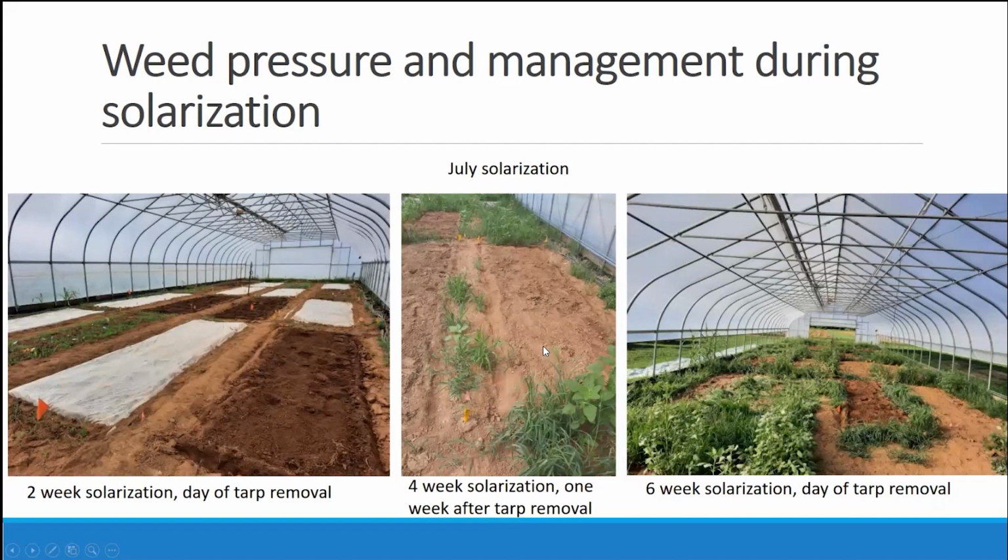That looks pretty weed-free. 6 weeks, here it is, weed-free. Of course, we had a replicated study, so the edges where the tarp wasn't covering definitely had weeds growing. But inside this plot, and this was the 4-week, it still looks very weed-free.